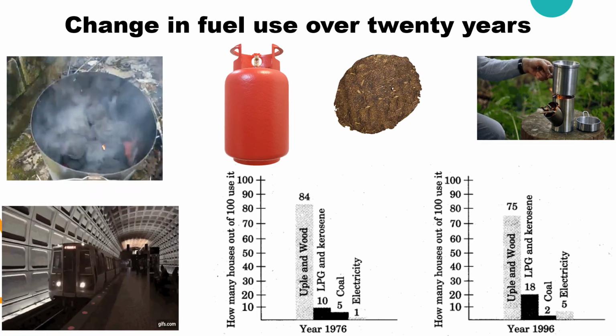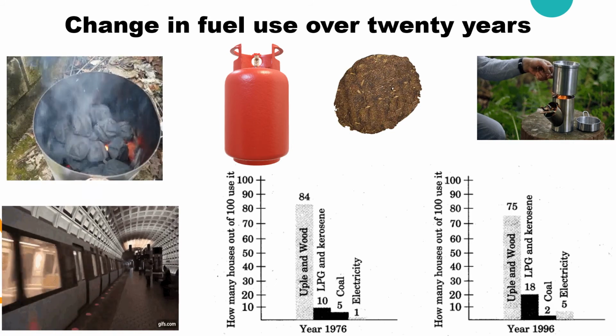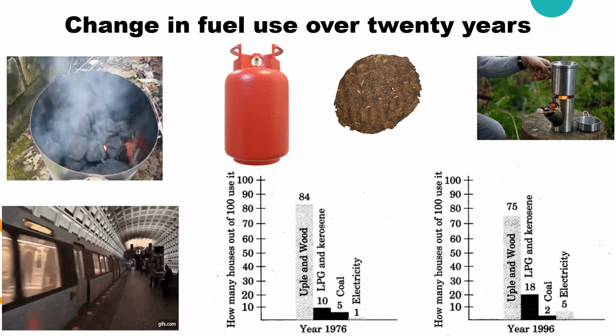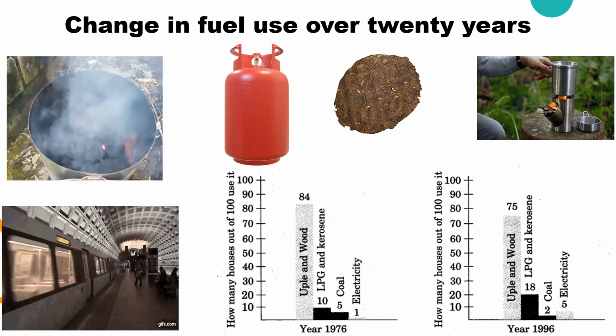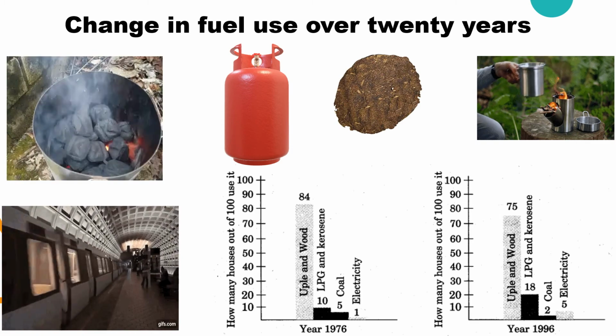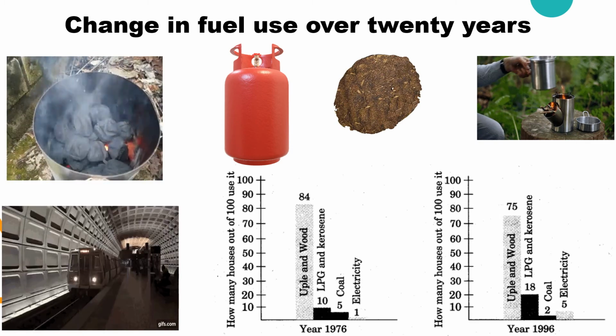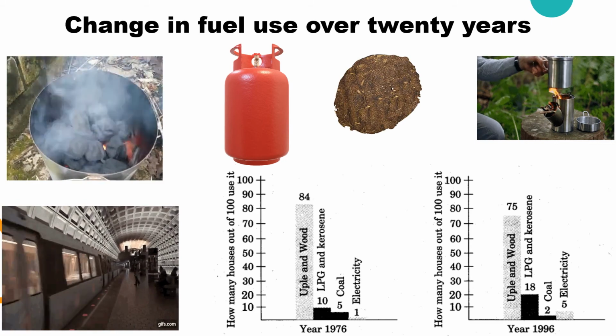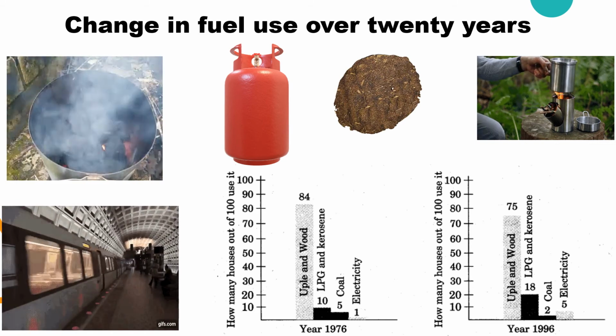What can we understand from these data? The usage of fuel like coal, wood, cow dung cakes, etc. got decreased because they cause more pollution and are difficult to manage.